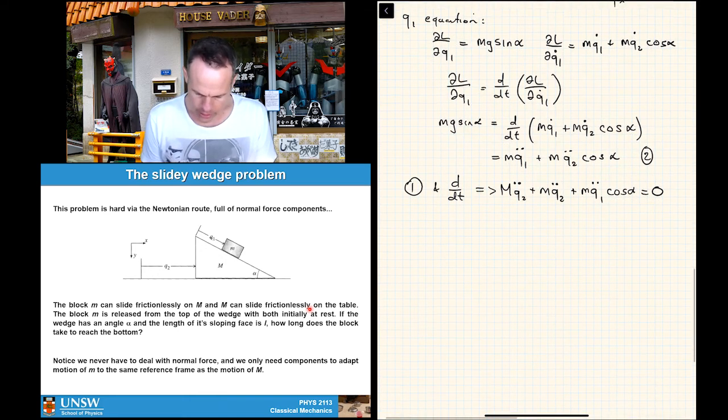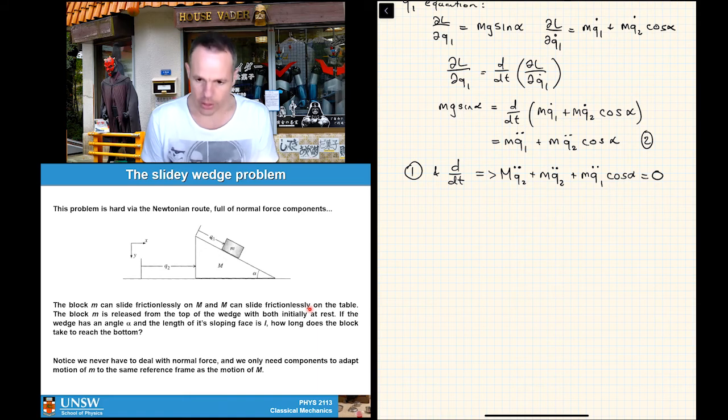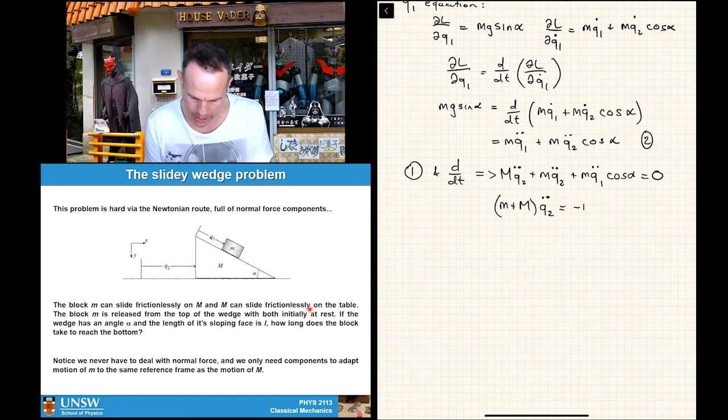What I can do here now is cluster some terms. So I'm going to cluster my Q2 terms. So this will be little m plus big M Q2 double dot. And I'm going to carry the other term on the other side. This will be minus m Q1 double dot cos alpha. And then I can isolate my Q2.